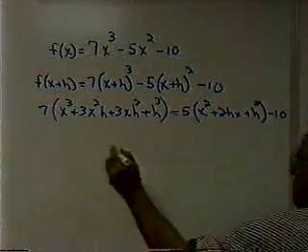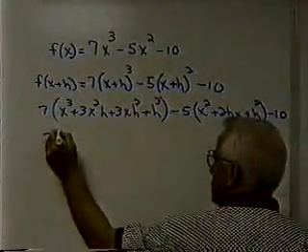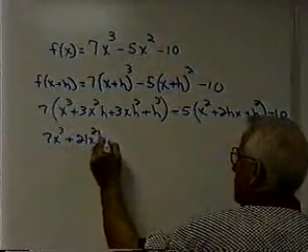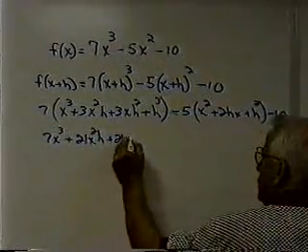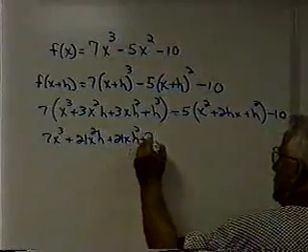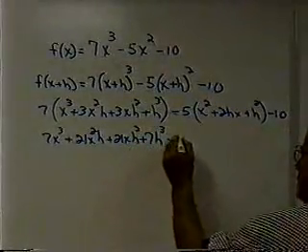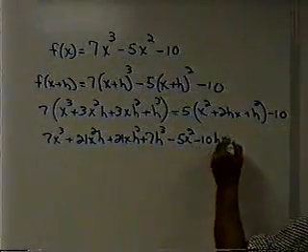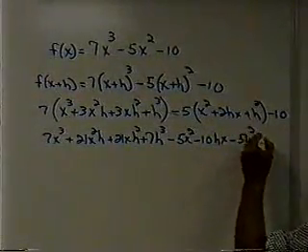Now let's get all that simplified. So we'll have 7x cubed plus 21x squared h plus 21xh squared plus 7h cubed minus 5x squared minus 10hx minus 5h squared minus 10.